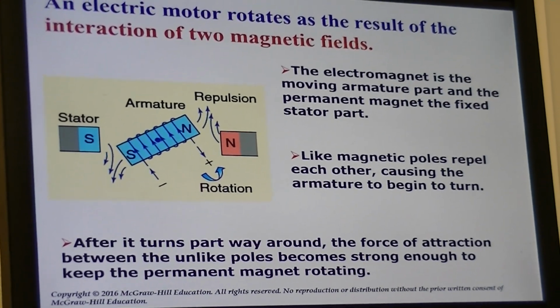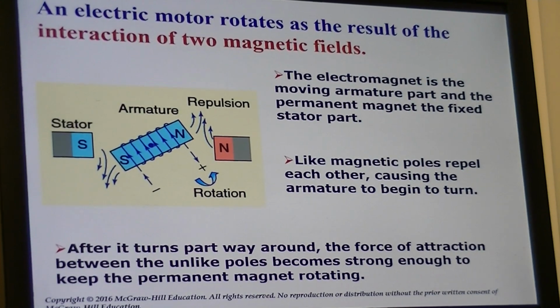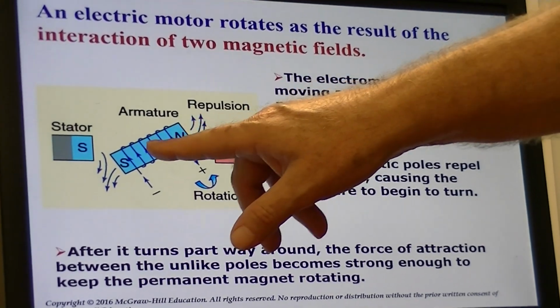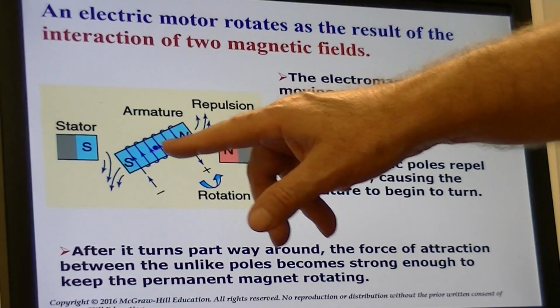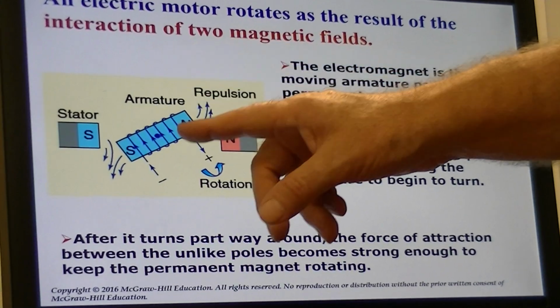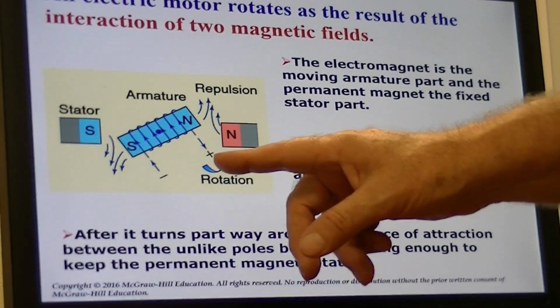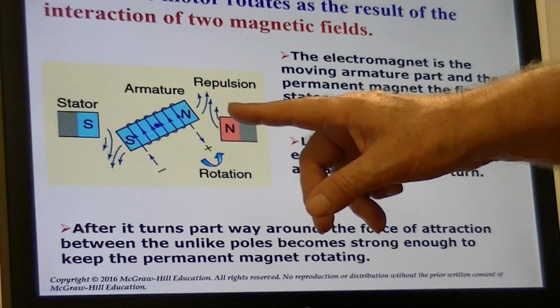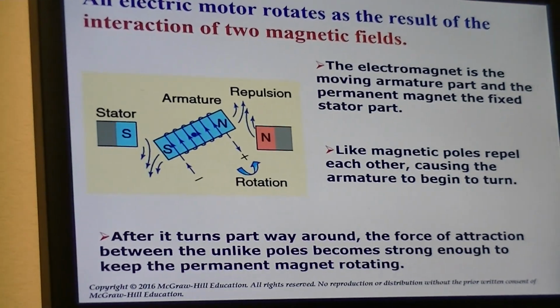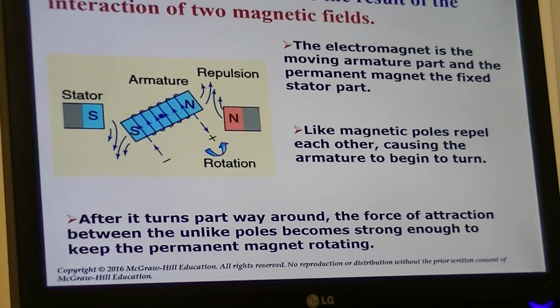If we only have one set of poles, one north-south set of poles, and an armature with a north-south set of poles, again, the north-north is going to push away, the south-south is going to push away, and the south is going to be attracted to the north, and the north is going to be attracted to the south, which creates the force or the torque that a motor generates to be able to provide mechanical strength.